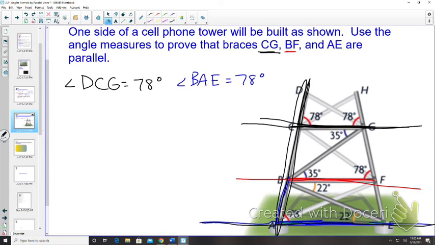One of each. Okay, good. And are they on the same side of the transversal? Yes, same side. So they are corresponding angles. Yes, good.